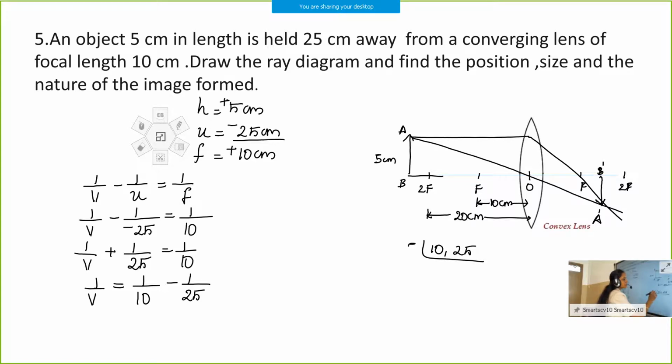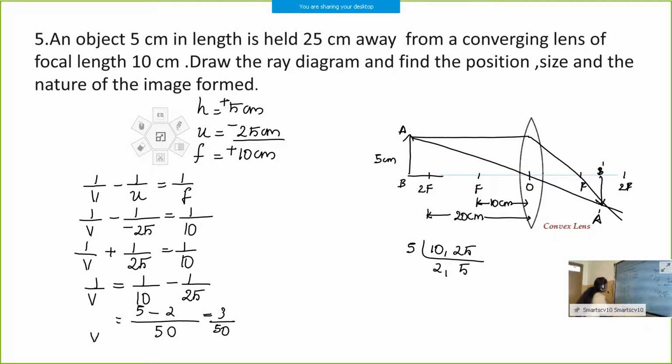What you will get? It is 50. LCM is 50. In the numerator, what you will get? 5 minus 2. So what is 5 minus 2? It is 3. 3 by 50.